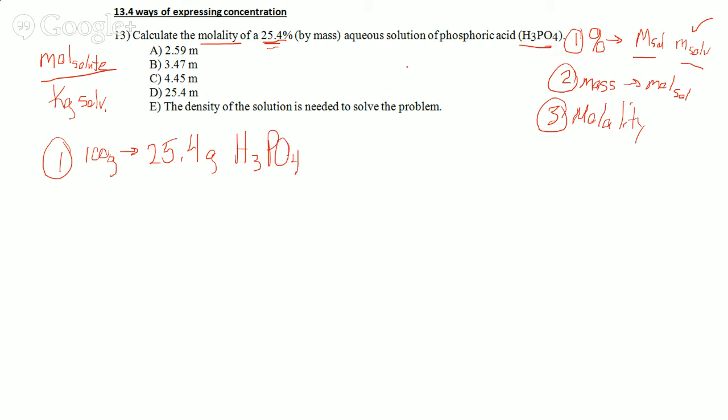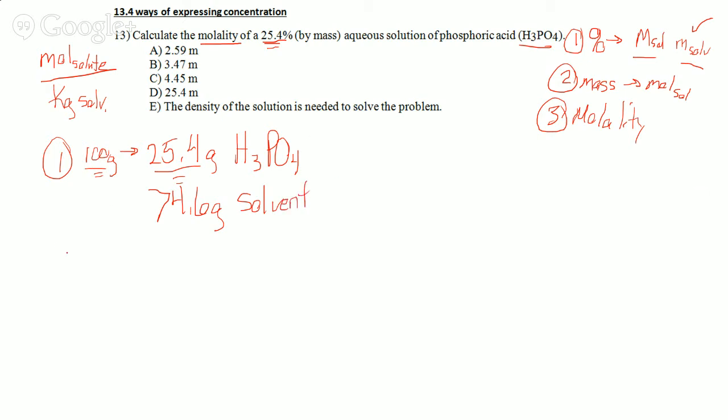And then how much of our solvent? What about water? Well, if we had 100 grams total and 25.4 grams of it was this stuff, well, the rest of it has to be water. So we do some simple math and we get 74.6 grams of solvent, of H2O.